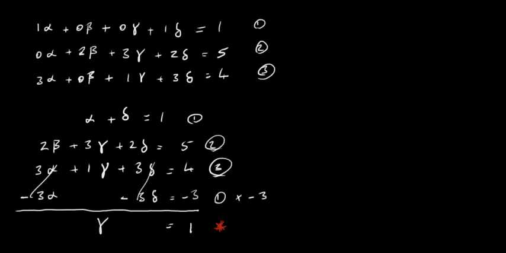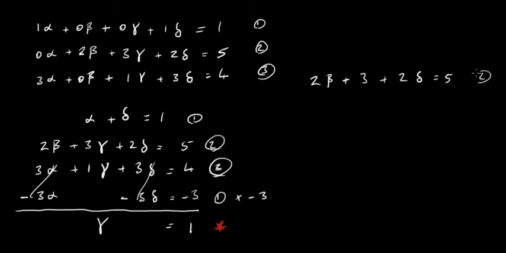Okay, so let's have a look at substituting into equation 2 then. I know that gamma is equal to 1, so substitute that into 2. I end up with 2 times beta plus 3 times 1, which is 3, plus 2 times delta, and that gives me 5.